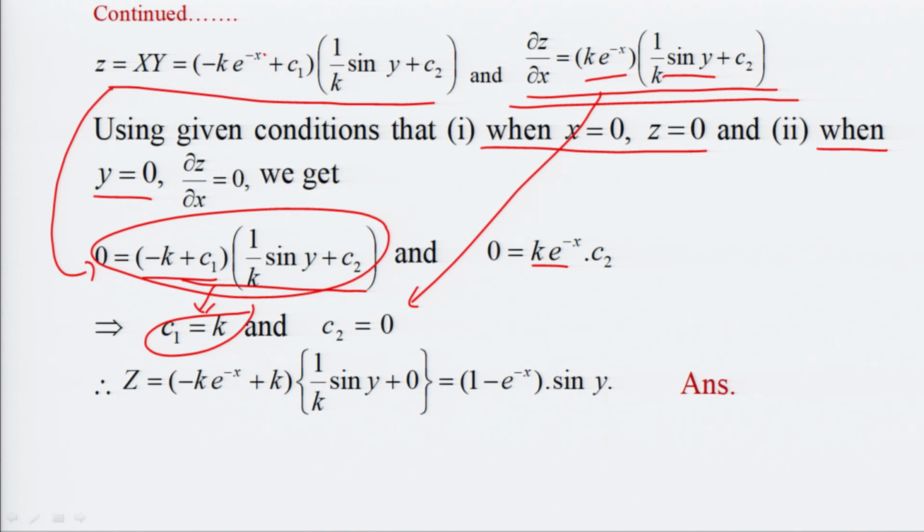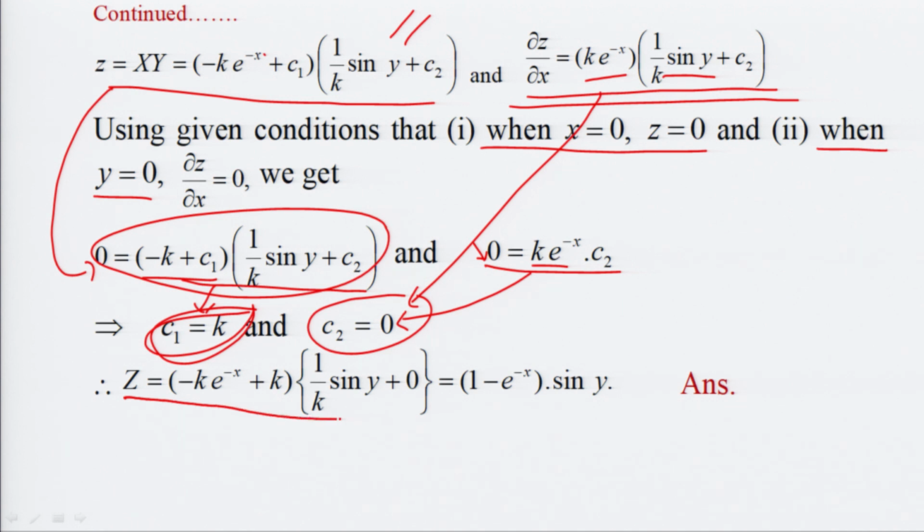So, from this expression we can see C 2 is equal to 0. So, from here we can derive C 2 is equal to 0 and C 1 is equal to k. So, now we have the value of C 1 as k and the value of C 2 as 0.